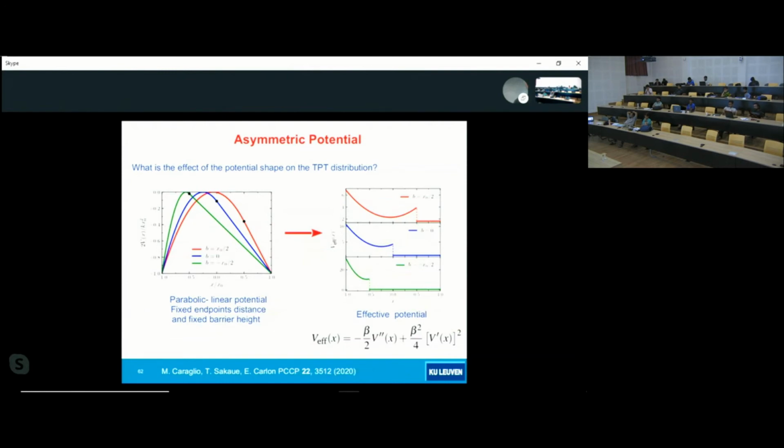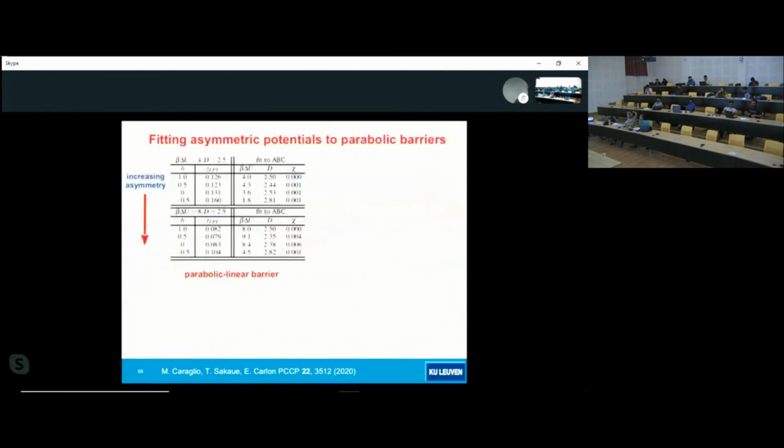When B is equal to 1, you have actually a perfect parabola. When B is going towards -1, you have the strongest asymmetry, like a sawtooth profile. So in this last table, you are increasing the asymmetry going from B equal to 1 to 0.5 to 0 to -0.5, but your parameters, beta delta U, the height, is 4 and D is 2.5.